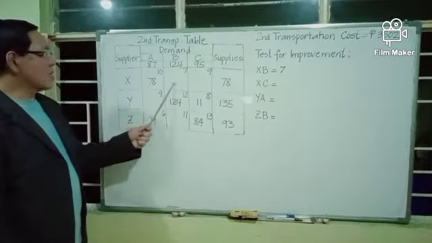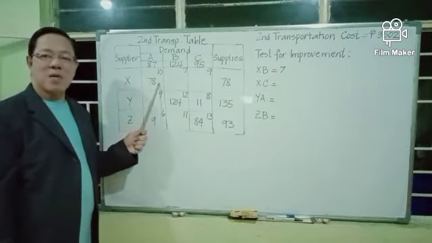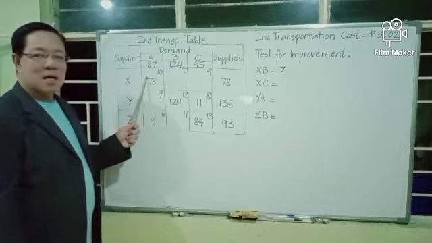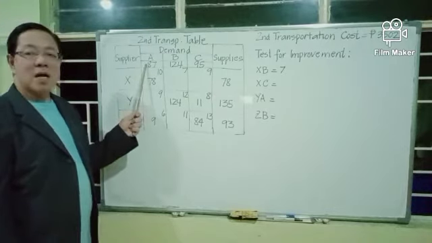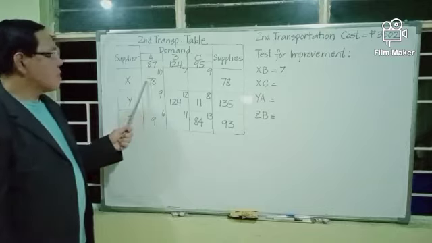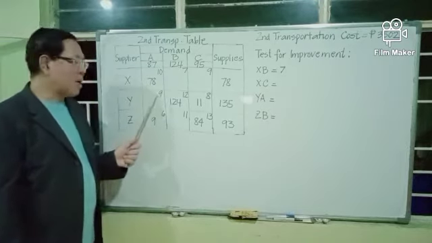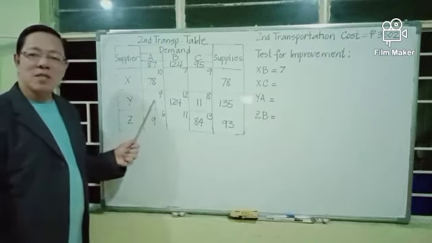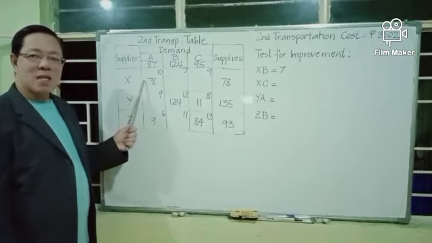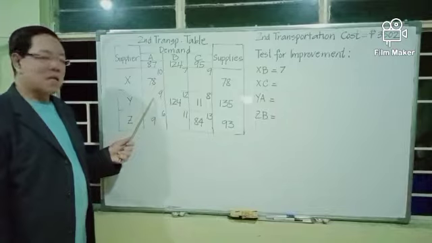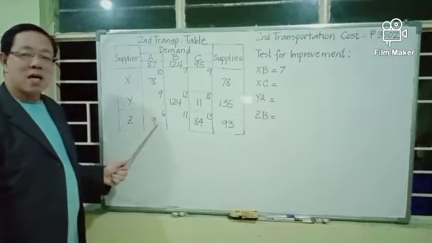After the horizontal movement, the next move is vertical. We cannot move vertically upward because this is the demand for A. So we move vertically downward, but we do not move to this cell because it is vacant. So from 7 to 8, we skip this vacant cell and go straight to 9.